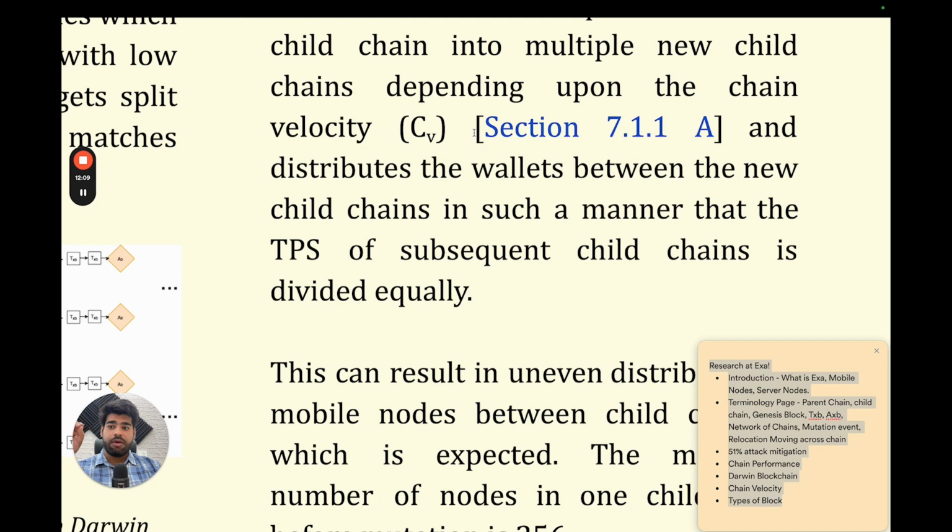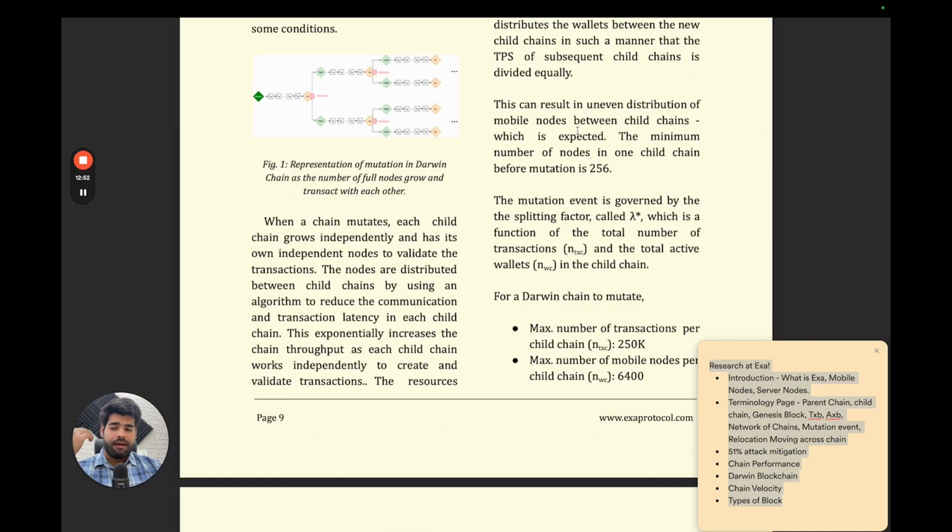We don't want the network to grow in a non-equal manner, where one part of the chain grows very fast and the other one doesn't grow that well. That will create an unbalanced tree. So we distribute the wallets in such a manner that the child chains grow equally in the future. And we have made sure that the minimum number of nodes in one child chain before mutation is 256. If that condition is not met, then the mutation will not happen.